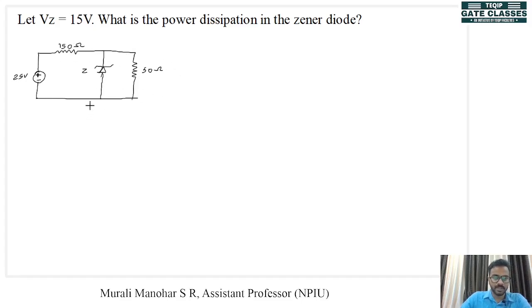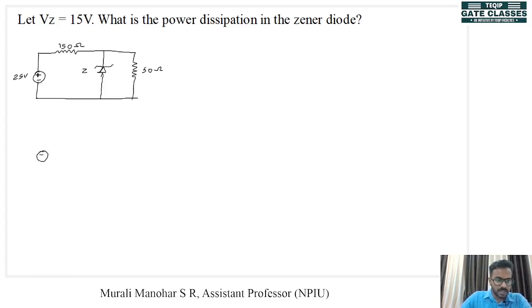diode. Okay. So we will initially assume that the Zener diode is not in its breakdown region yet. We need to find out whether the Zener diode is in forward bias or reverse bias condition, and what is the voltage across the Zener diode.